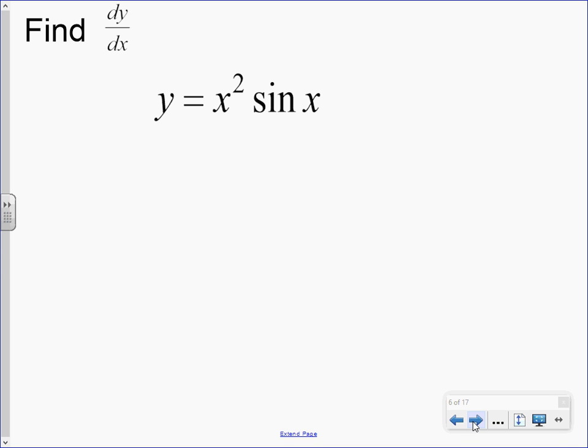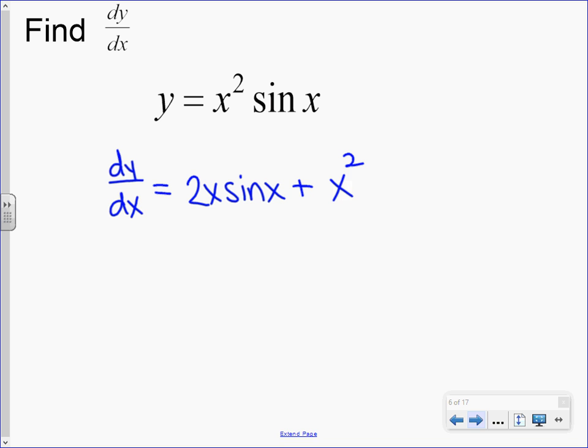Is this the product of two functions? Yes, we have x squared times sine of x. Okay. So when we take the derivative of a product, we're going to take the derivative of the first times the second, plus the first function, x squared, times the derivative of the second.